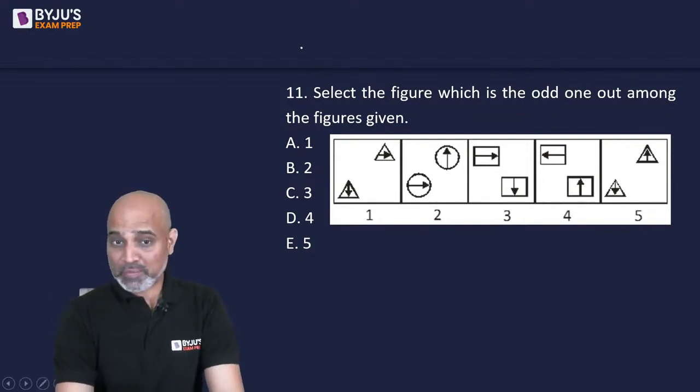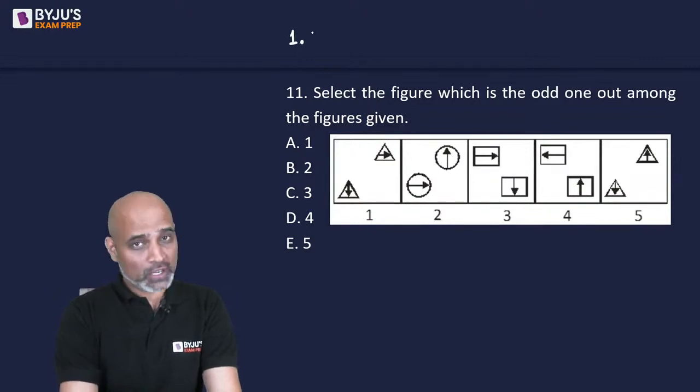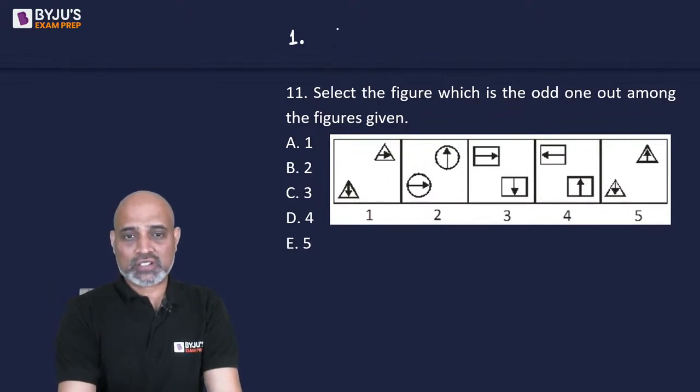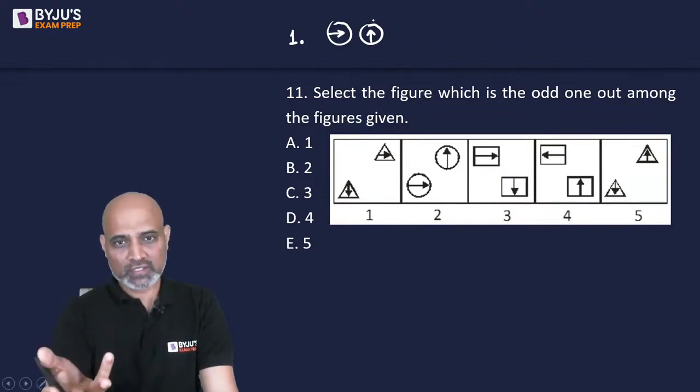Okay, so hear me out. First is the odd one out, because every other figure, they are symmetrical. देखो, सर्किल में आपने ऐसे एरो बनाया या फिर आपने ऐसे एरो बनाया, सिमेट्रिकल है ना, either horizontally or vertically.